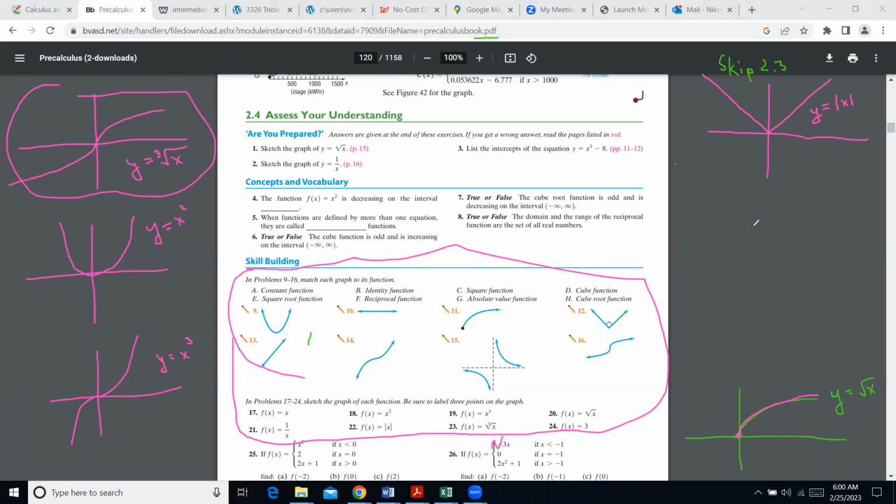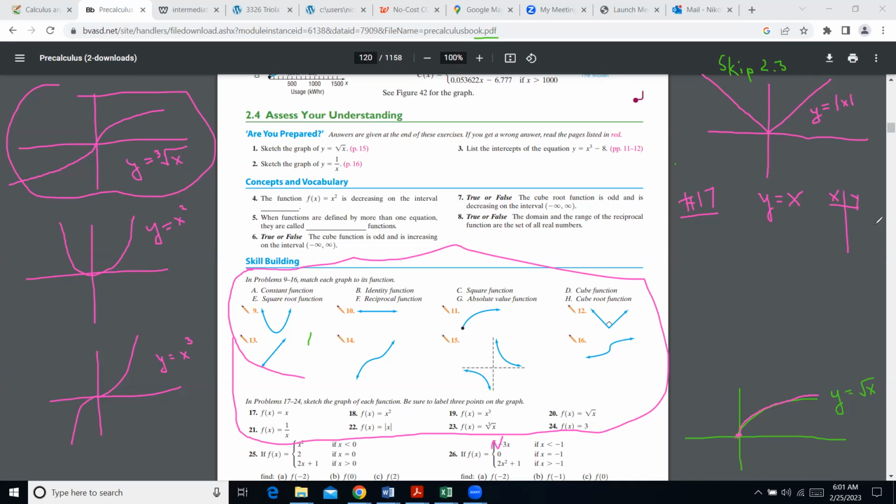If I, for example, take a look at exercise number 17, it has a graph of the function f of x that we can always call y, which is equal to x. Notice that this is a graph of a line, where x is the same as y.